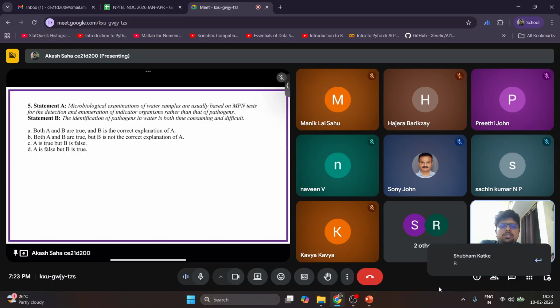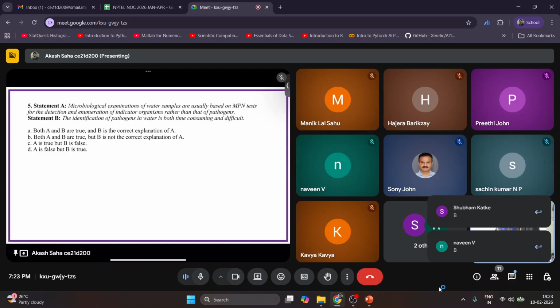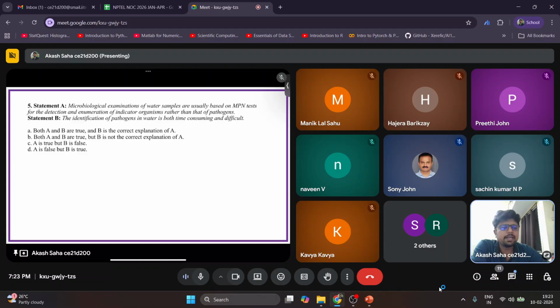So instead of quantifying the pathogens, we try to quantify some other organisms which are already present whenever the pathogens are present in our system. If those organisms are present, we are quite sure that the pathogens are also present. So those organisms are called indicator organisms.